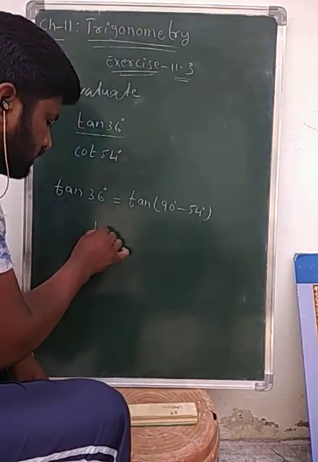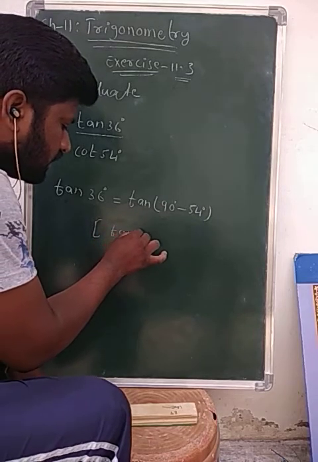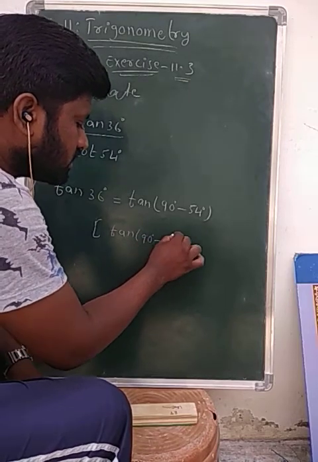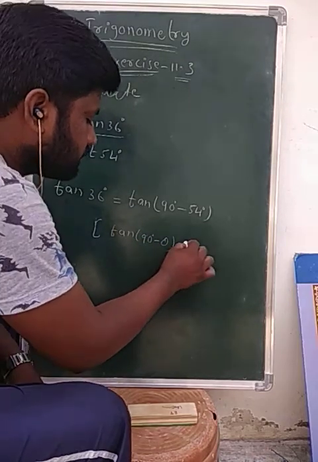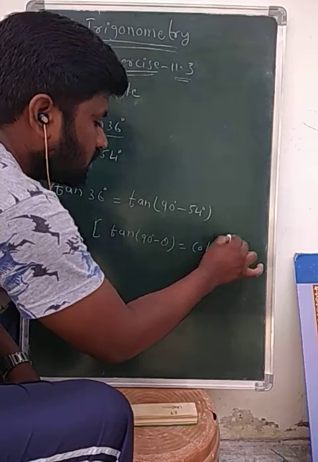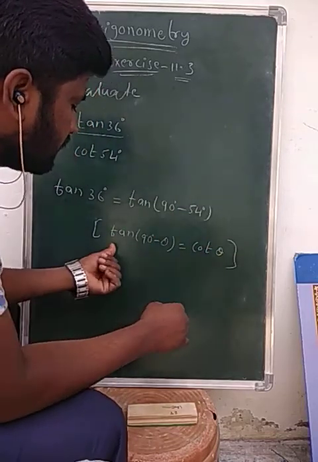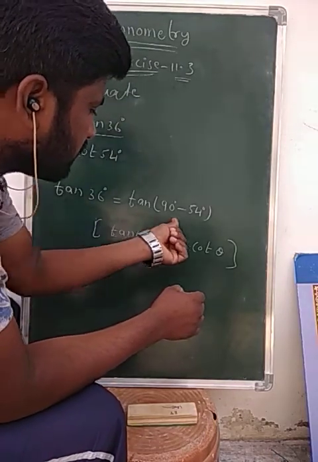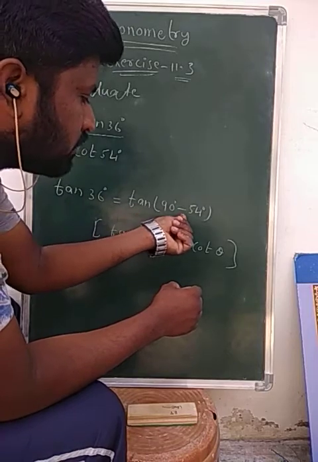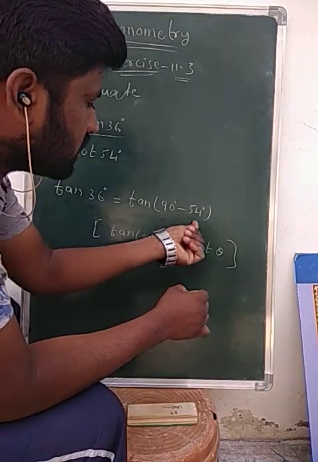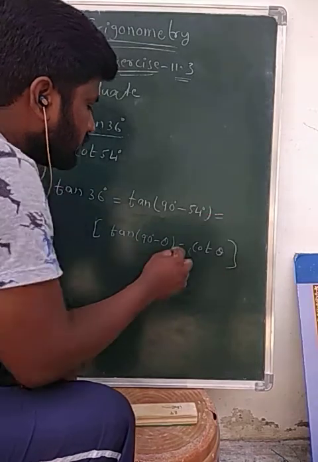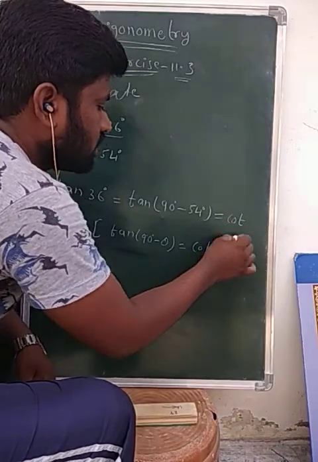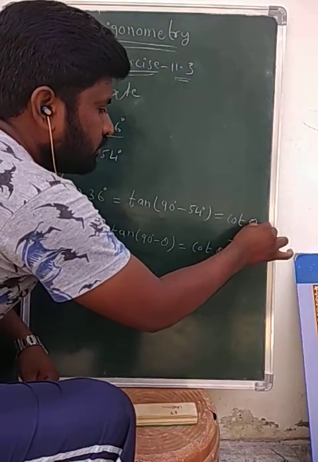We have a formula: tan of 90 degrees minus theta is equal to cot theta. Here it is in the form of tan 90 minus theta, with theta as 54 degrees, so it becomes cot 54 degrees.